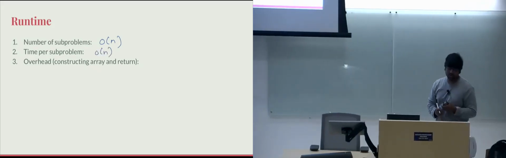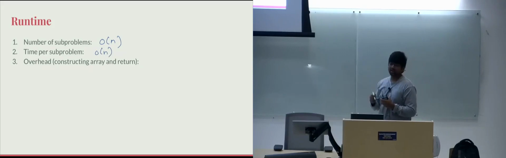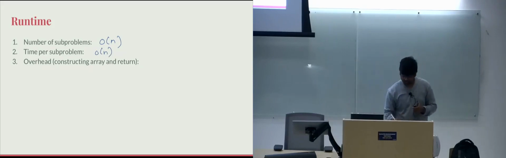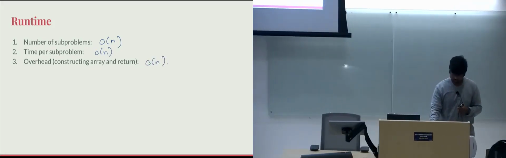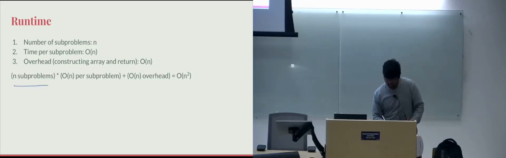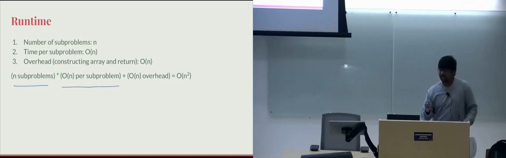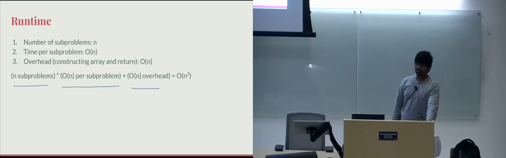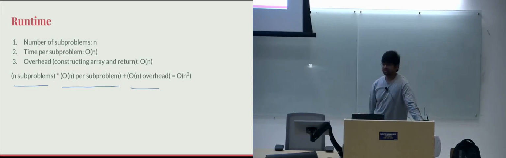And what is the overhead of constructing the initial array? In the first step, we define everything to infinity, so it's going to be linear again, right? So the overall runtime looks something like this: number of subproblems multiplied by the time it takes to solve each subproblem, plus overhead. It's nothing but O of n squared. Is it clear? Okay.